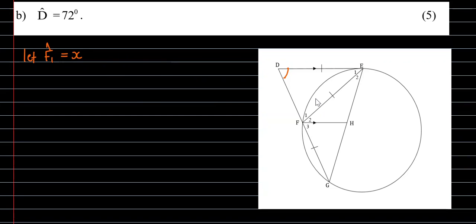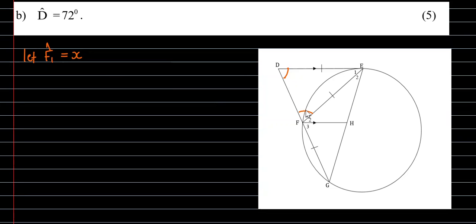But we know something about triangles. We know that every triangle, its angles add up to 180 degrees when you add them together. So if we add this angle, this angle and this angle, they will add up to 180 degrees. So here we said that this one is equal to x.